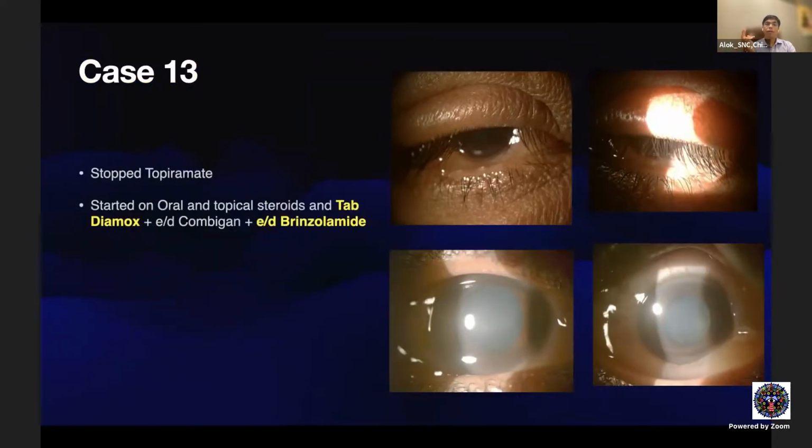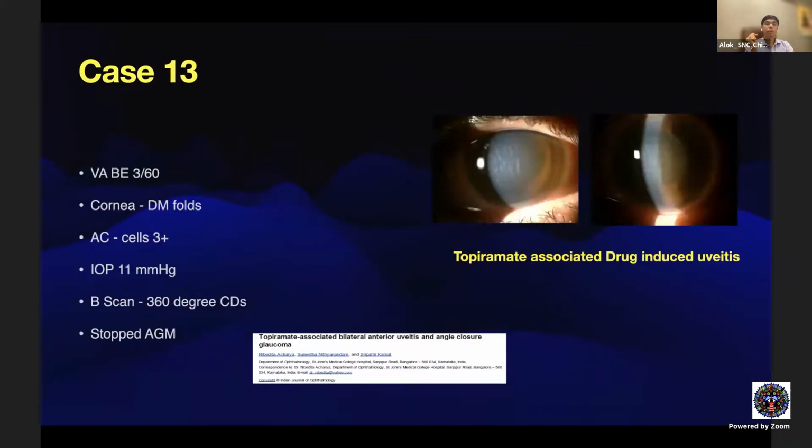So we thought that we were dealing with topiramate toxicity, and we stopped topiramate. We started the patient on oral steroids as well as topical steroids, and our glaucoma colleagues had started the patient on Diamox along with the anti-glaucoma drops. Now, the vision remained low, and after 3 days of treatment, there was increase in anterior segment inflammation.